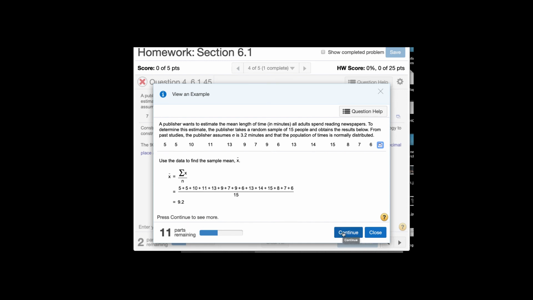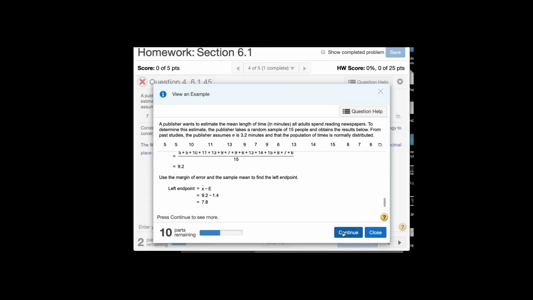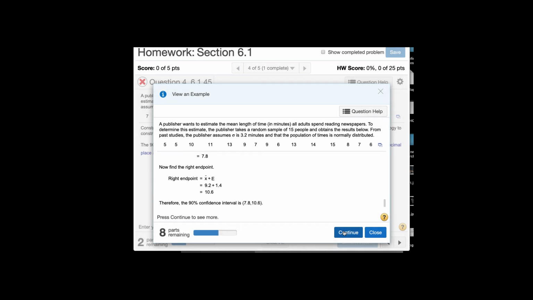So finally, we need to add and subtract E from 9.2 to get the confidence interval. We do that, subtract, get that, add this. Now we can state that with 90% certainty the population mean falls into this interval.